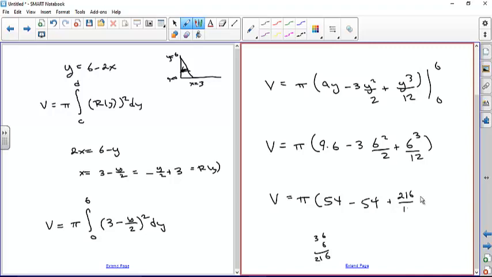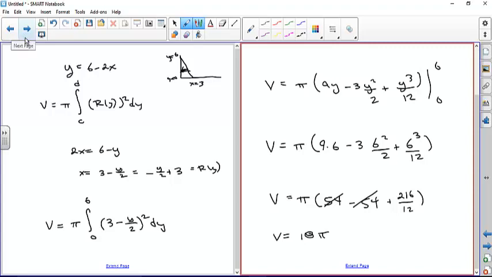So we get 216 divided by 12. If you take 216 divided by 12, I'm just going to get my calculator out. Okay, 216 divided by 12 is 18. So these cancel each other out. And so 216 over 12 is 18. And you get 18 pi, which is the correct solution.